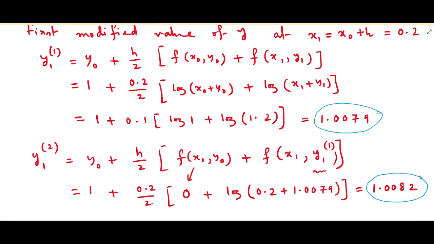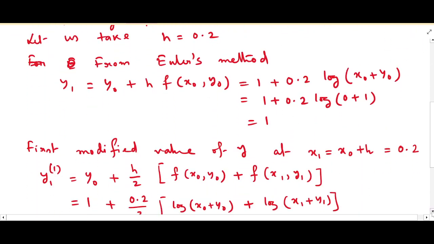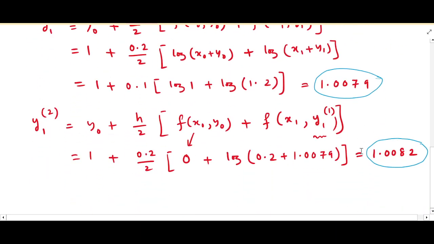So what I said, when you get a repeated value, suppose the value of y1 to the power 1 and y1 to the power 2 are the same, then we'll stop here and that will be the answer. Since we are not getting the same value, let us find one more and see.